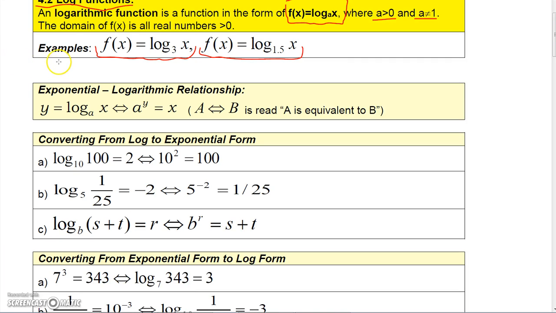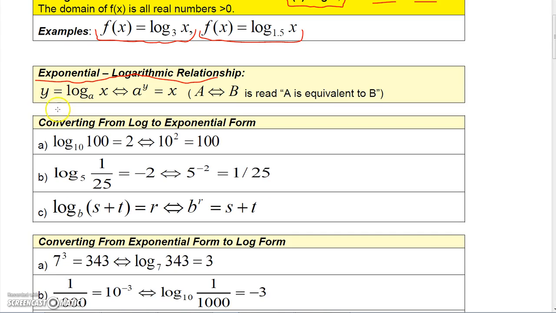The key to really understanding what a log represents is to know this exponential and log relationship that I've got here. So let me just show you here. If you have a relationship that says y is equal to the log of x base a, then that is equivalent to saying exactly this.